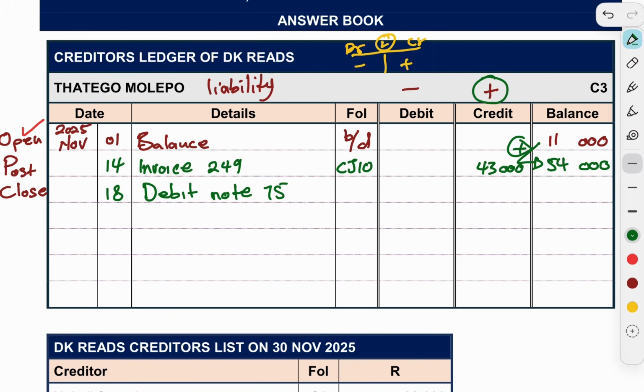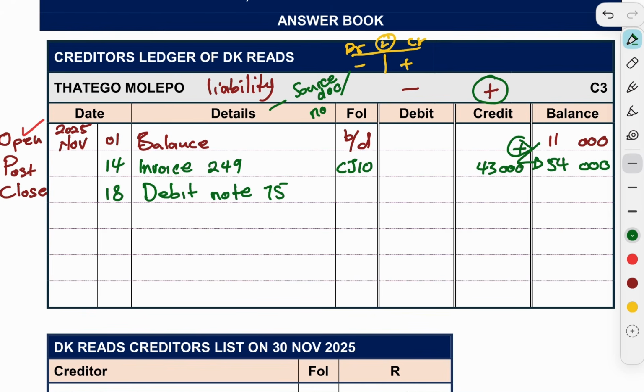Remember, under details, we record the source document used as well as the number on the source document. So don't be surprised when I say invoice 249.